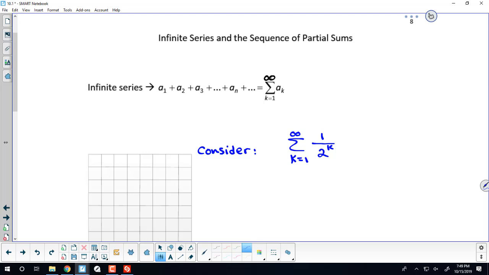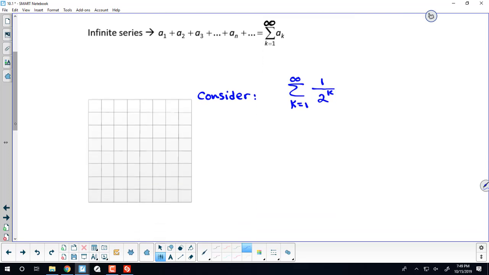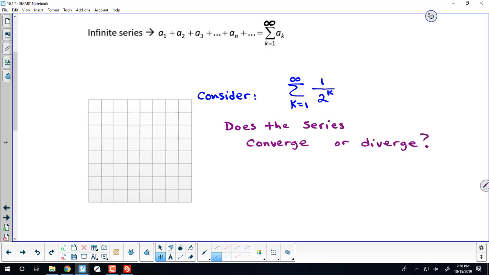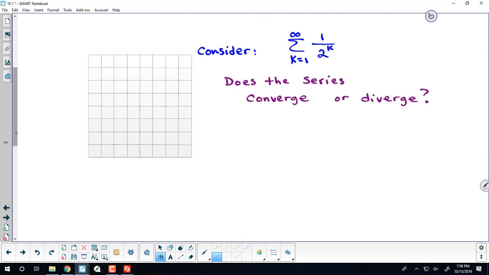And so what we're after is, if we have a particular series that's given to us, does it converge or does it diverge? So that's really the main idea of most of Chapter 10, and coming up with various kinds of tests for particular types of series.